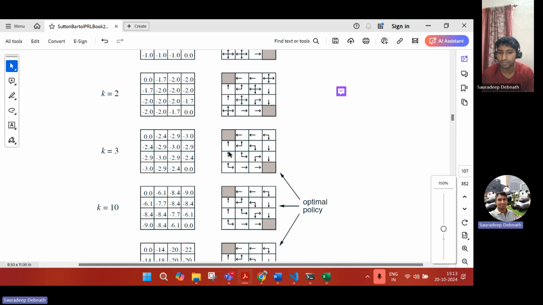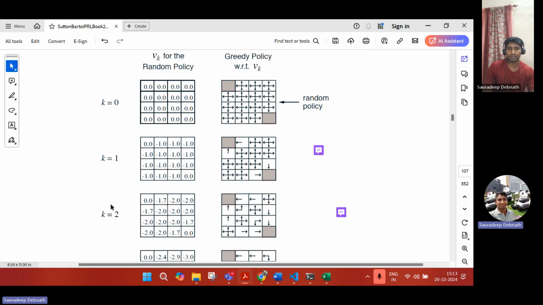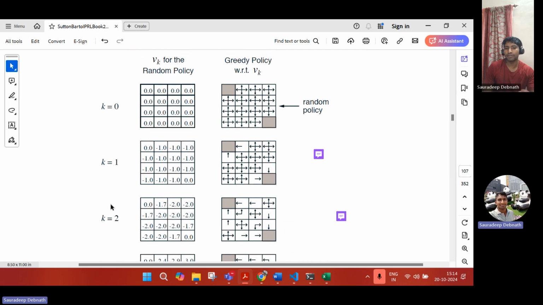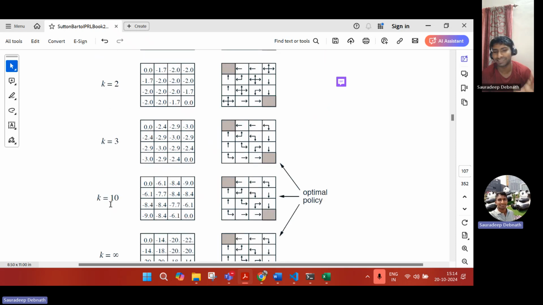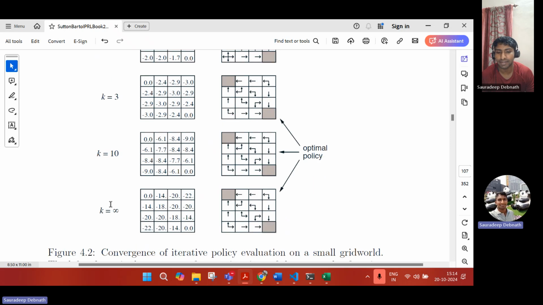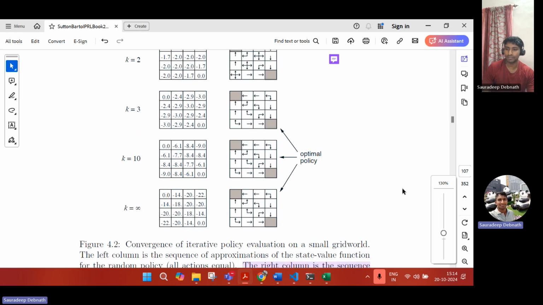So as I iterate through this policy evaluation, I don't have to wait till the value function is exact, like 4.9, that is the optimal value function. I don't have to wait till that. I just have to wait till my policy, that is the argmax directions, are not changing anymore. So anyway, that is policy evaluation.